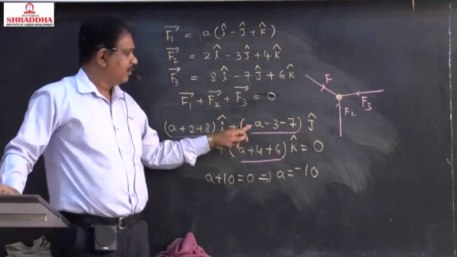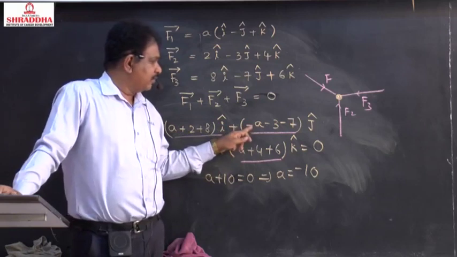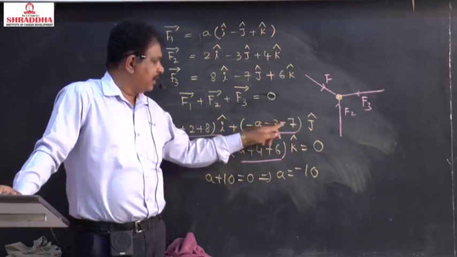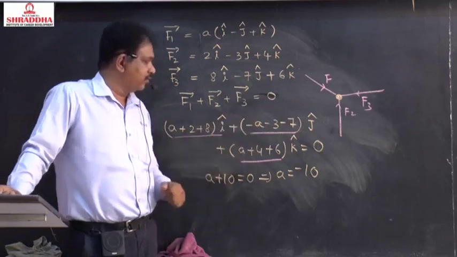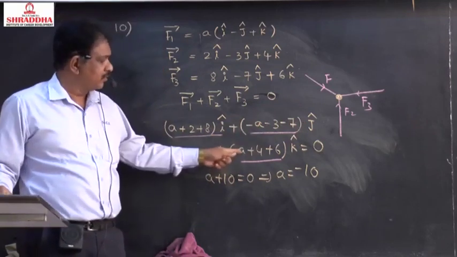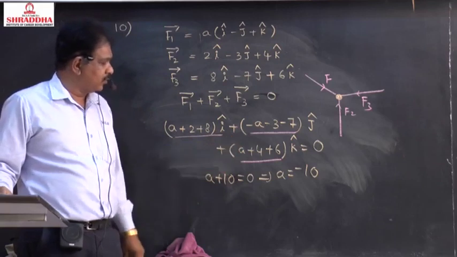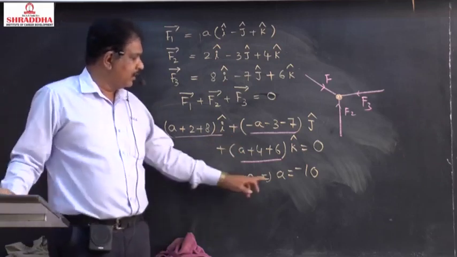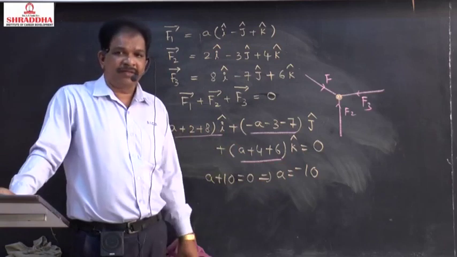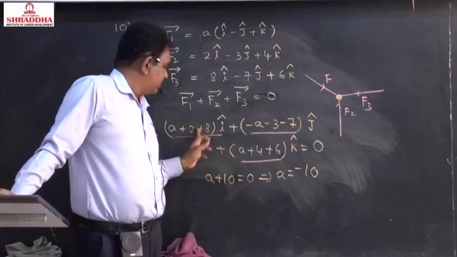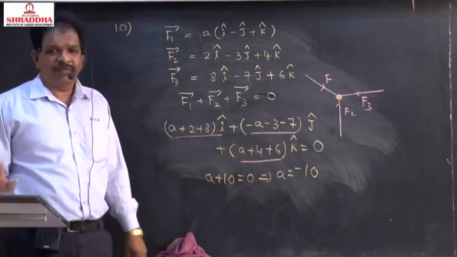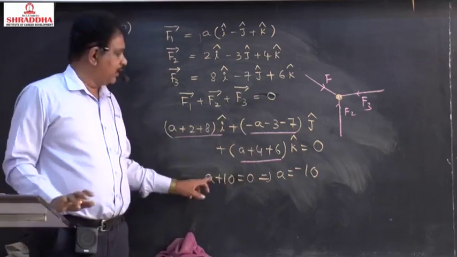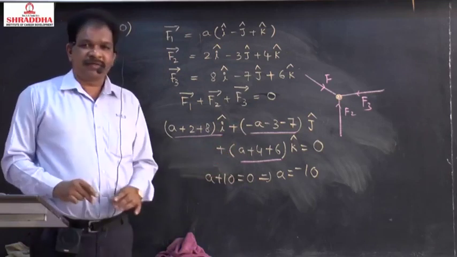Here also, what will you get? Minus A minus 10 is equal to 0, then A is equal to minus 10 from this also. A plus 10 is equal to 0, then A is equal to minus 10. Clear? If you equate any one of these to 0, it is enough. You will get A is equal to minus 10.